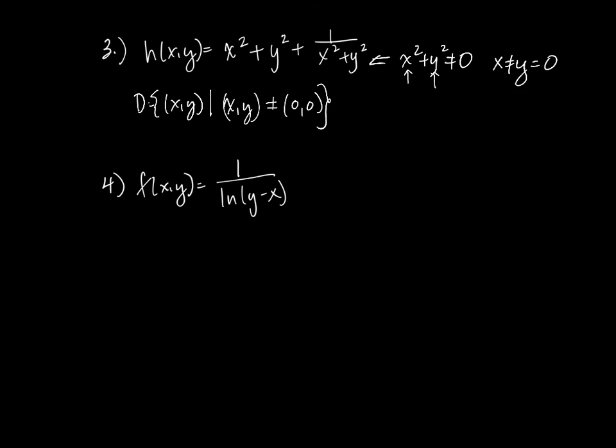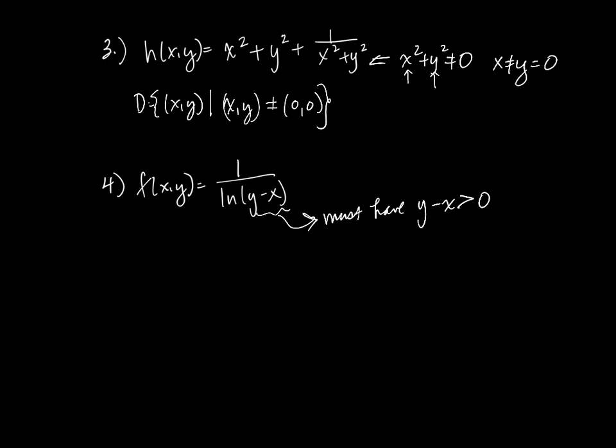All right, the very last one is a little tricky because we have a problem of not only division, but also a natural logarithm. So let's first take care of the natural log part. We can't take the natural log of a negative or 0. So that part here must be strictly greater than 0.